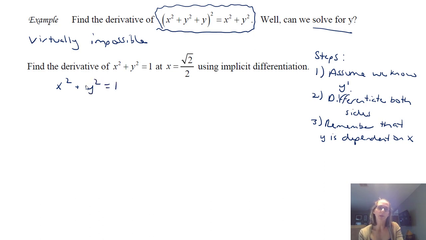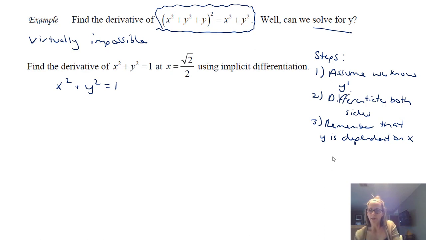so like right here we have y squared. When we take the derivative of that y squared, we don't just have 2y, because we have to use the idea of the chain rule.